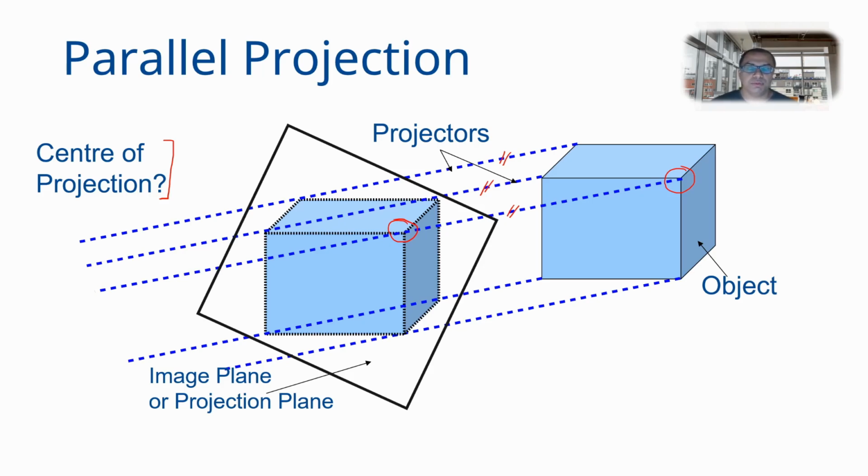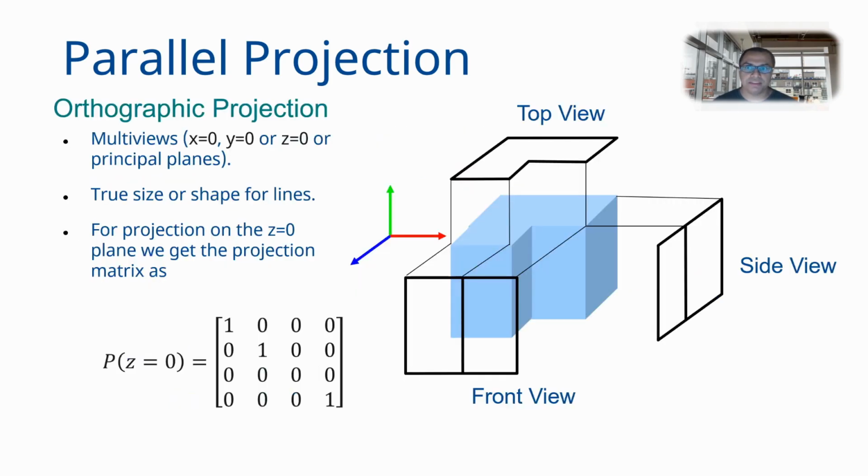So the center of projection is no longer at a point that is at a finite distance from our world. Okay, so in the perfect parallel projection case, we have a number of constraints going for us, and the simplest parallel projection that we have is known as an orthographic projection.